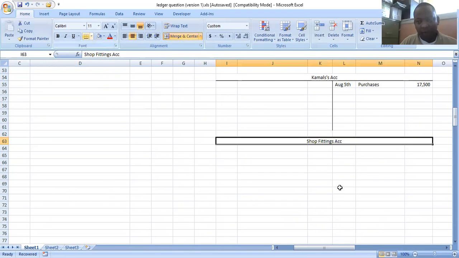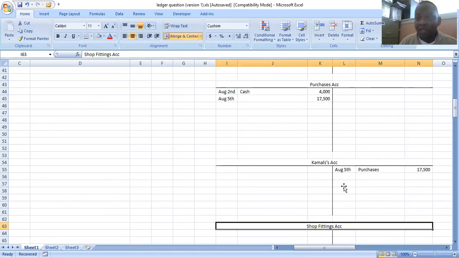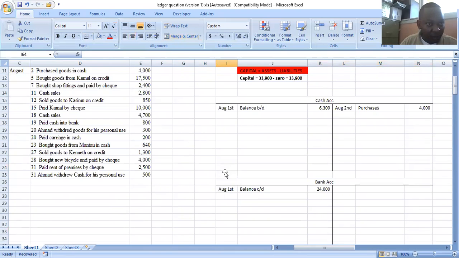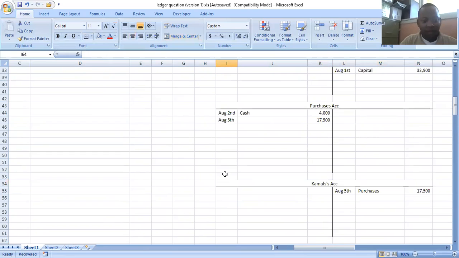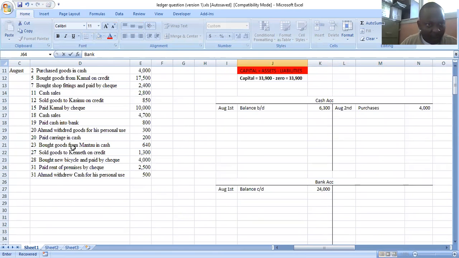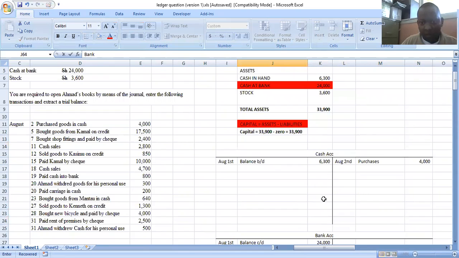Shop fittings are assets that are increasing, so therefore we debit the shop fittings account. So that is August 7th. Debit shop fittings, by the account is bank, since it was paid by check. The amount is 2,400.